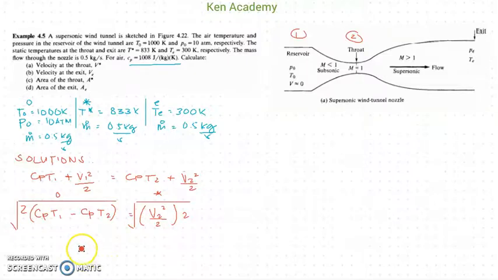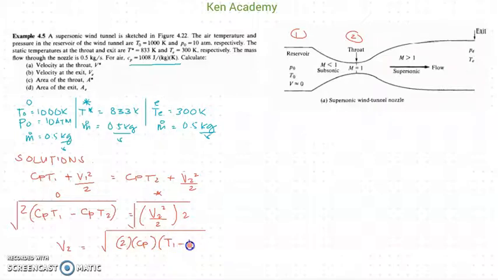Alright, so I am left with V2 equals the square root of 2 times Cp, which is common for both terms, times (T1 minus T2). That is how I'm going to begin with my equation.